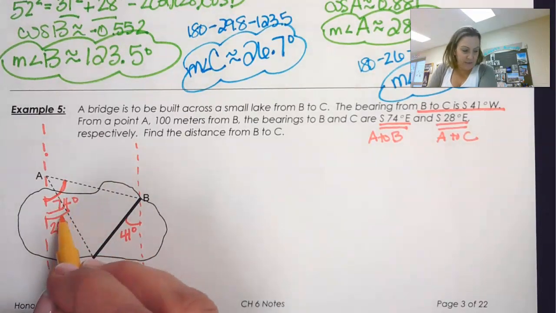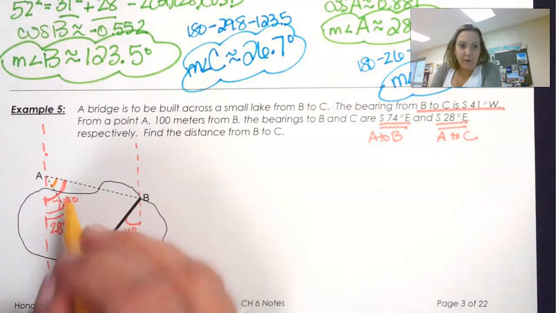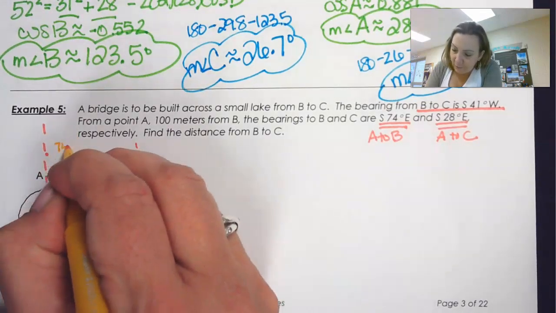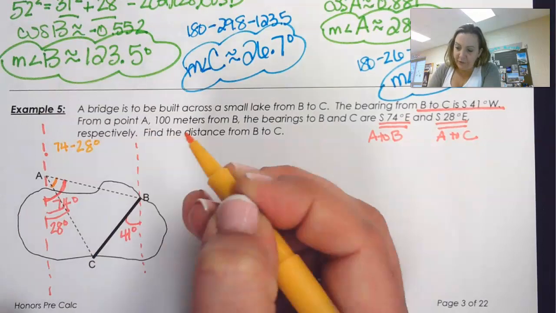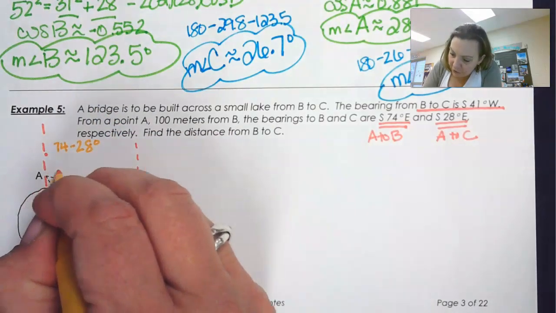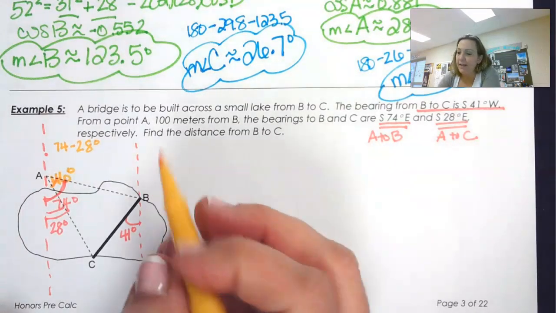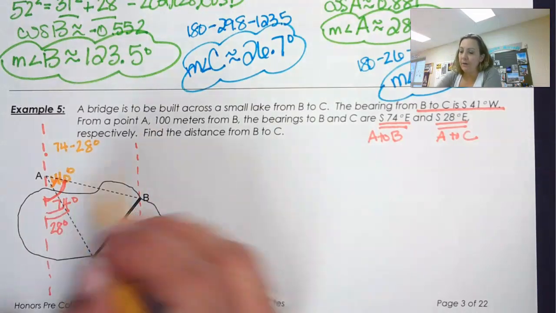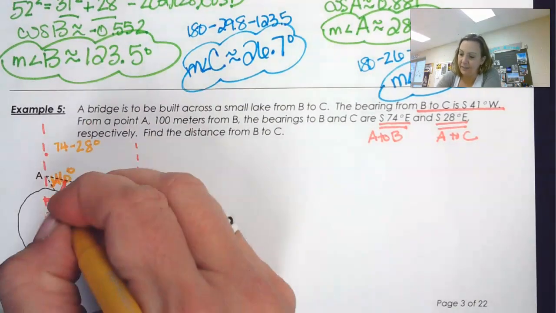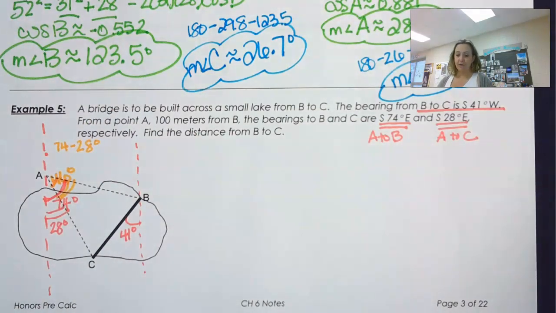This little angle is 28. So to find this angle, I could take 74 minus 28 degrees, and that's going to give me this angle here, which is going to be 46 degrees. So I have that part of the triangle.